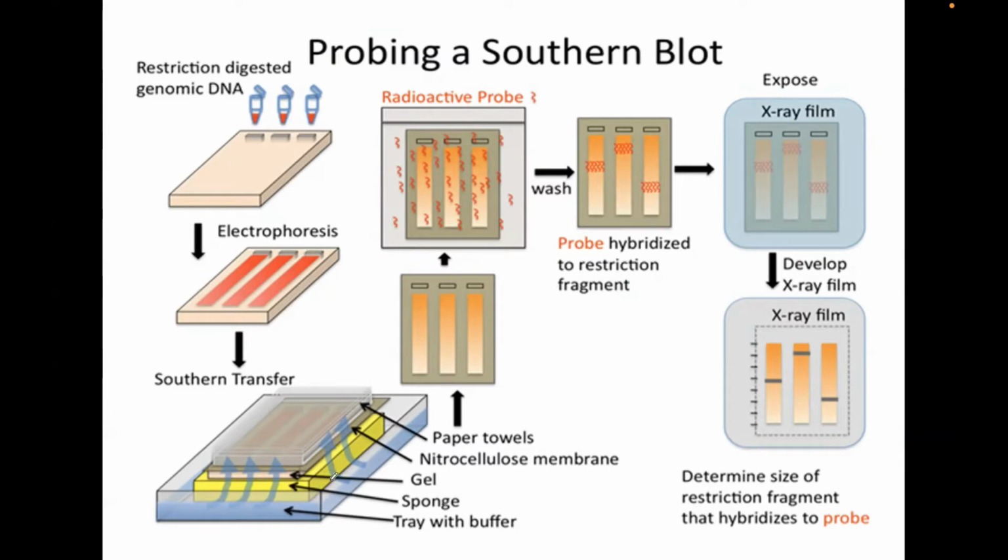Next, your southern transfer, kung nasaan nandoon na yung inyong nitrocellulose paper, parang ganon, ibablot nyo na siya. Okay, and then your radioactive probe, meron pa siyang mangyayaring washing. The probe hybridized to restriction fragment and then it will expose into X-ray film and then tsaka na natin siya babasahin as X-ray film or X-ray picture film.